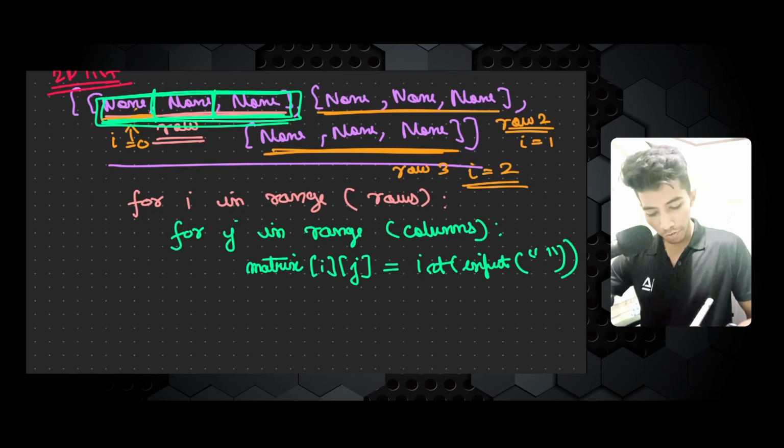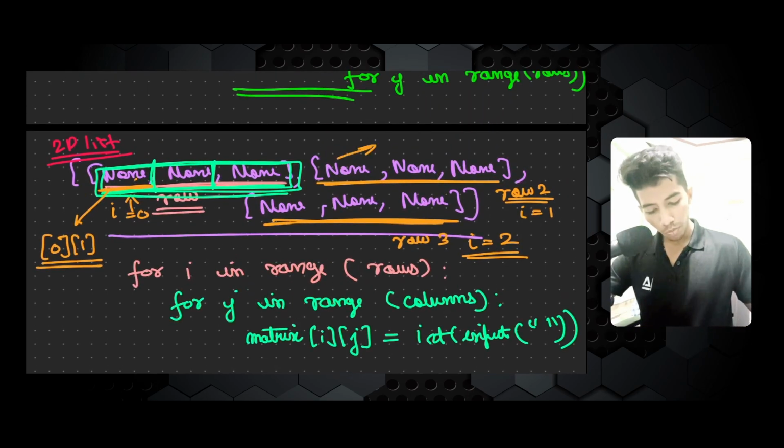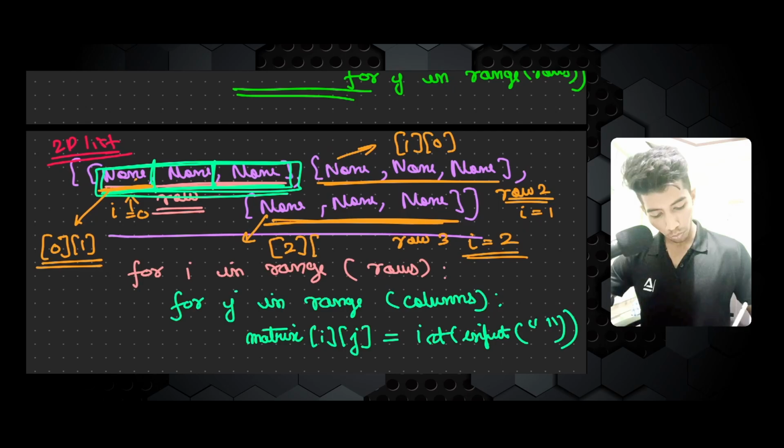This value is nothing but this particular value, matrix of 1 of 0, right? Got my point?